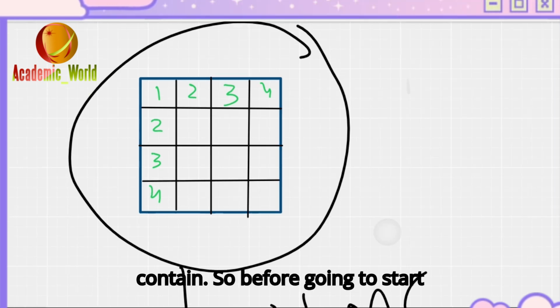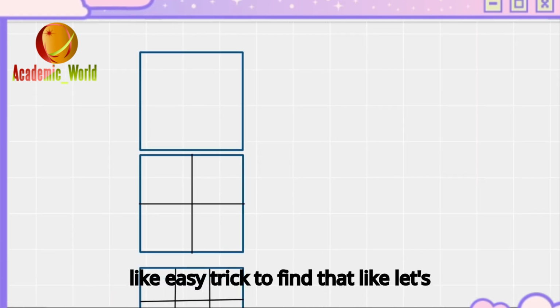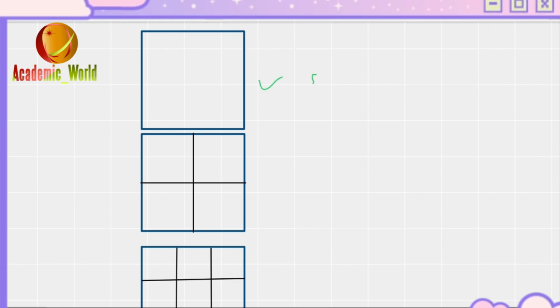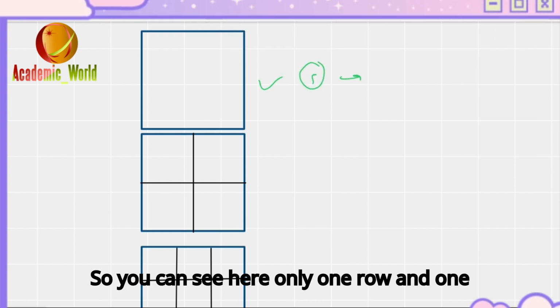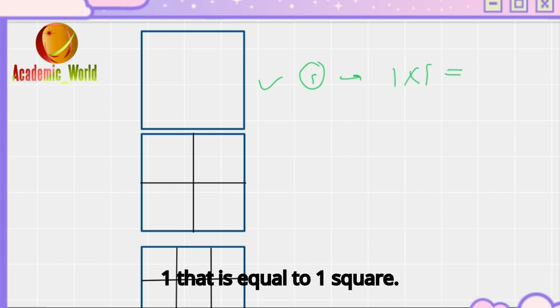Okay, so before starting, I am going to show an easy trick to find that. Let's suppose you can see the first figure has only one row and one column, so it means only 1 times 1, that is equal to 1 square.